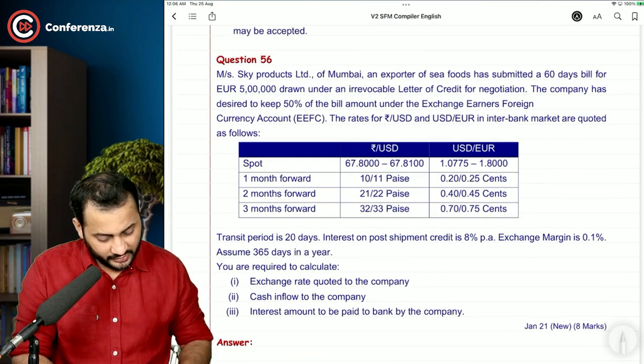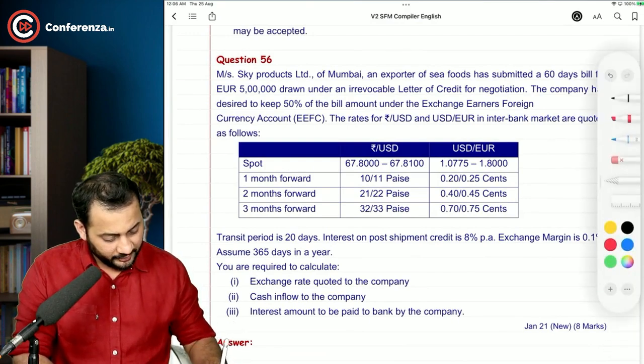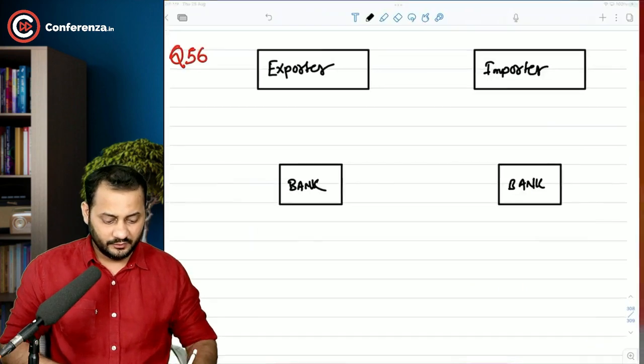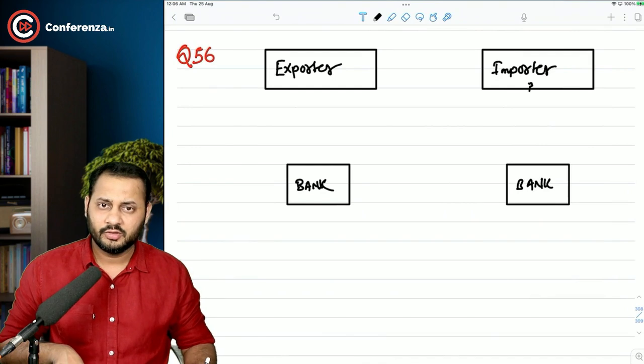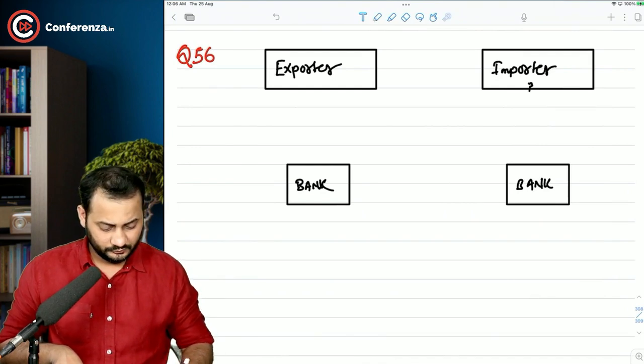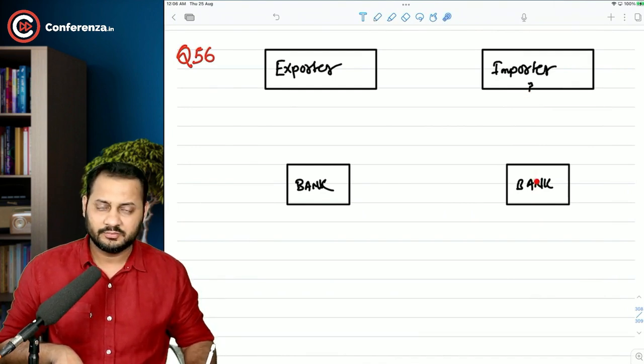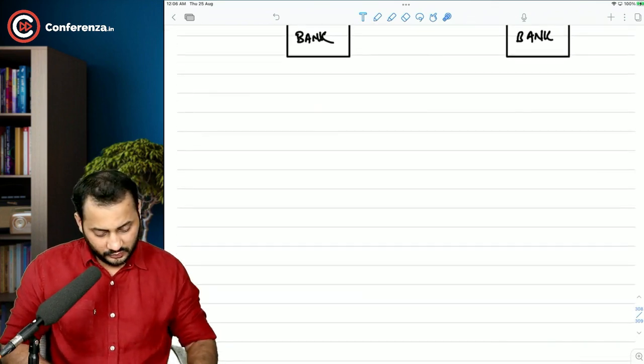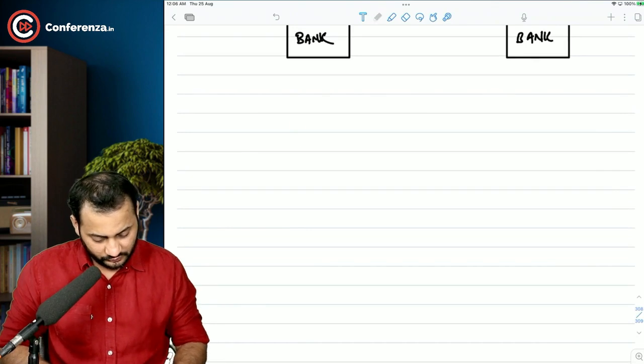This letter of credit had an original date of payment of 60 days. So basically, either the importer or the bank, this bank, will pay the amount after 60 days only. Okay. Now understand what happened.